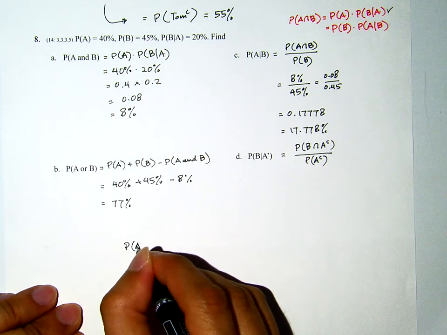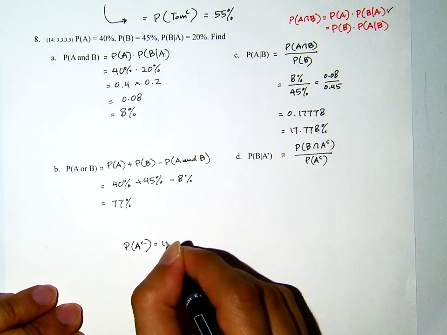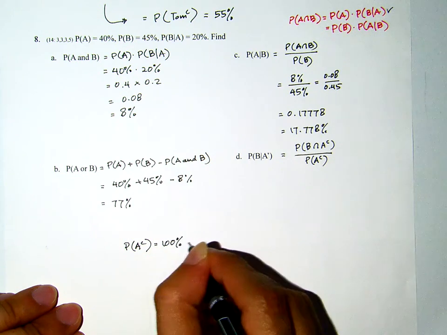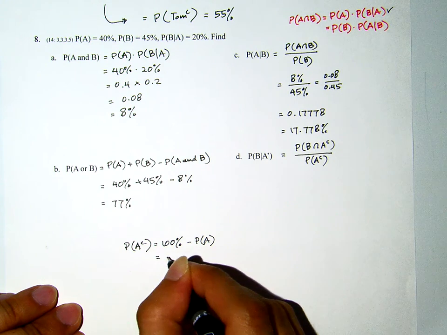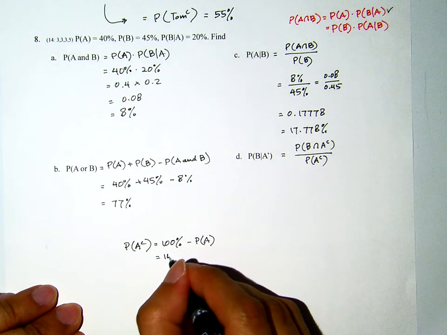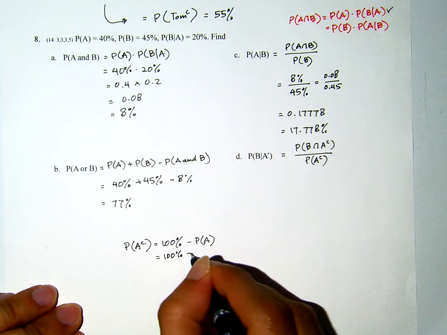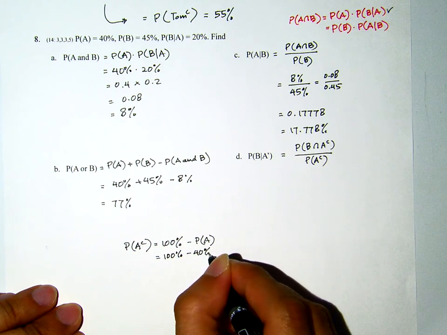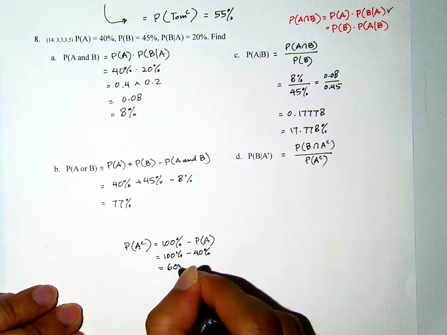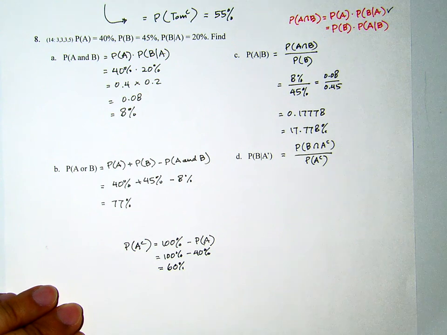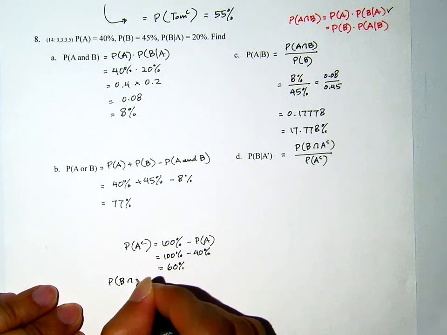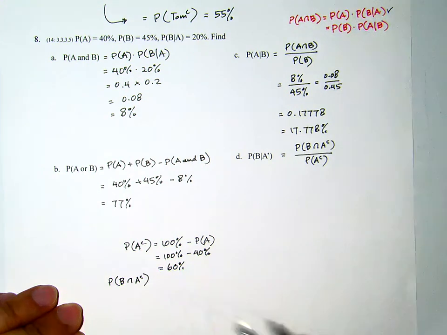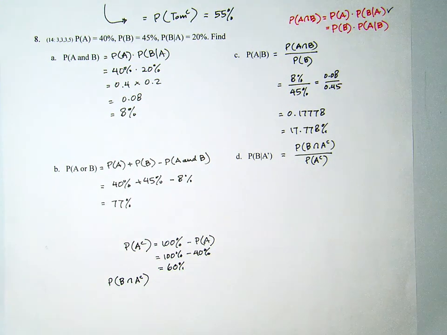Probability of A complement equals 100% minus the probability of A, right? That is equal to 100% minus 40%, that's 60%. The hardest one is actually the top one. What is the probability of B and not A? That's the one we have problem with.